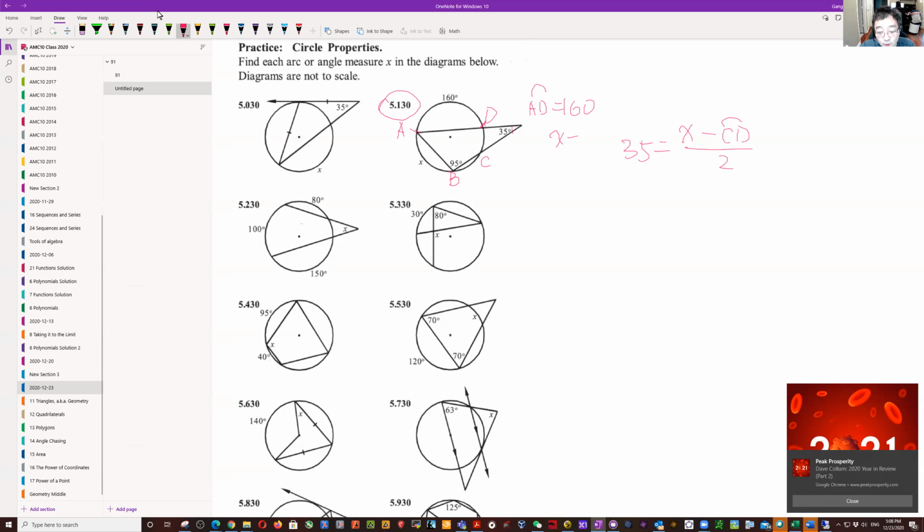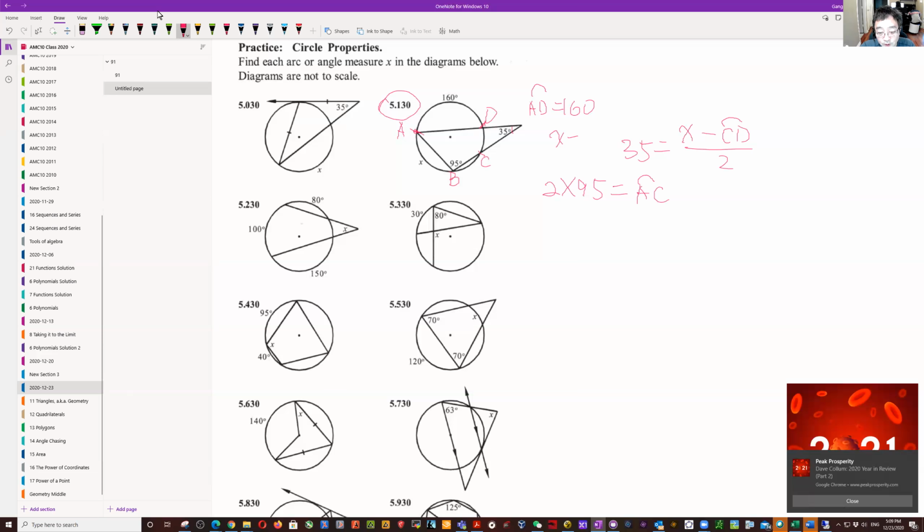And then what you see is also 95. So this 95 is, twice 95 is equal to arc AC. So this is how everything is laid out.